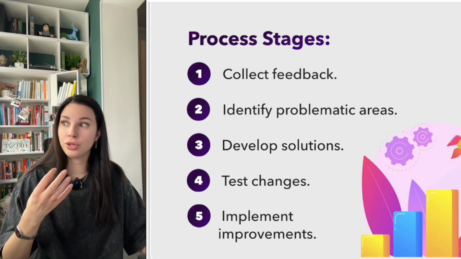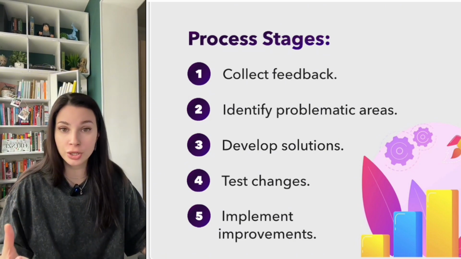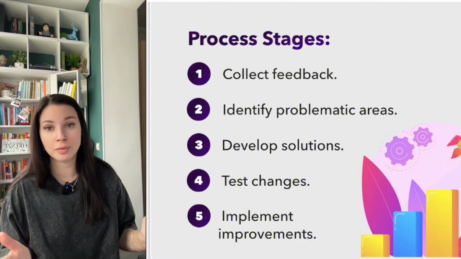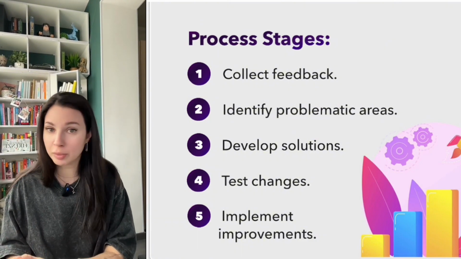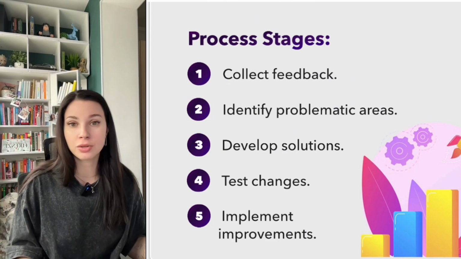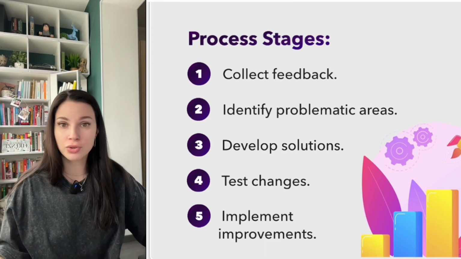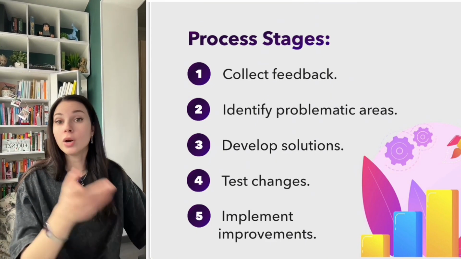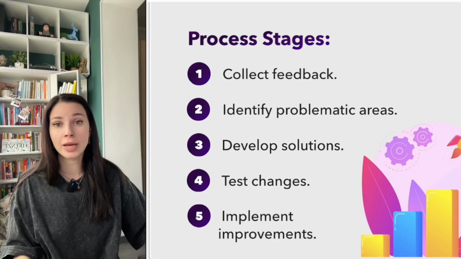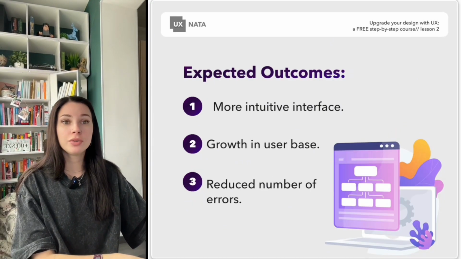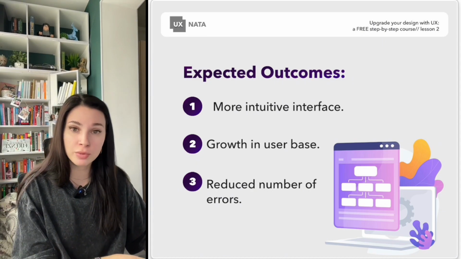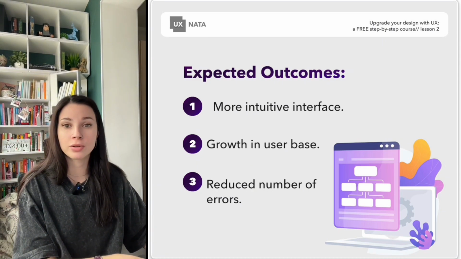If you're only launching your product, of course, you don't have any feedback. Only testing, interviews with people, and information on the internet, different research. Or you can collect feedback on the competitors. Expected outcomes: a more intuitive interface, growth in user base, and a reduced number of errors.